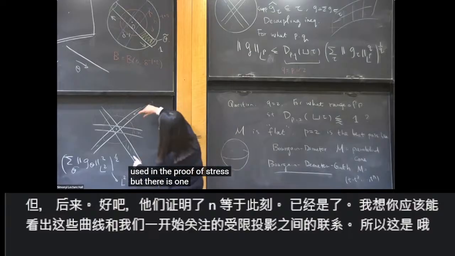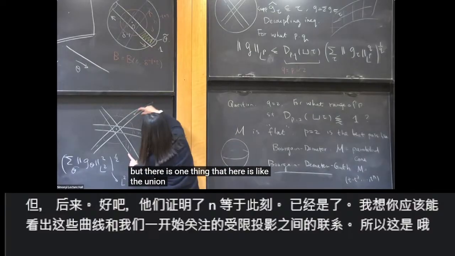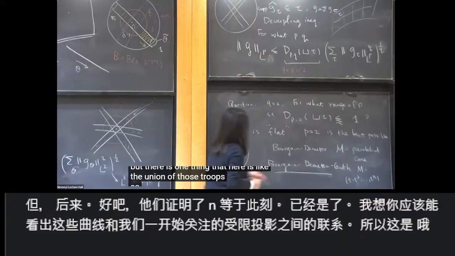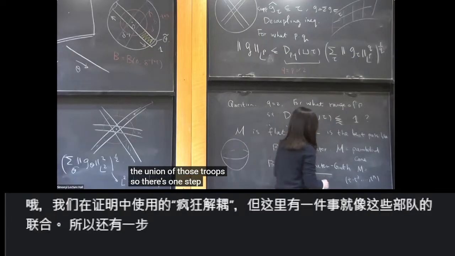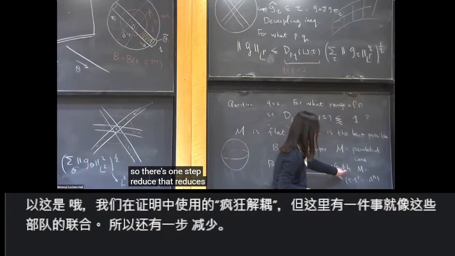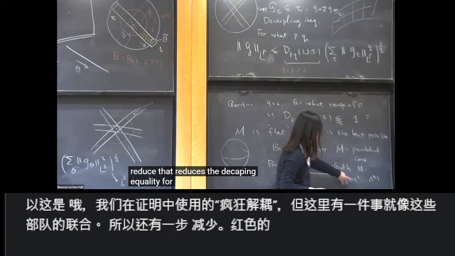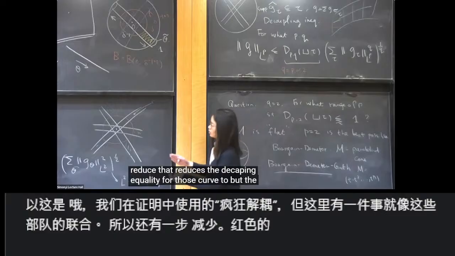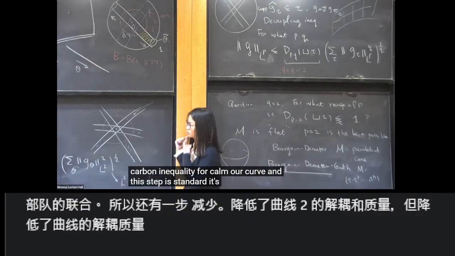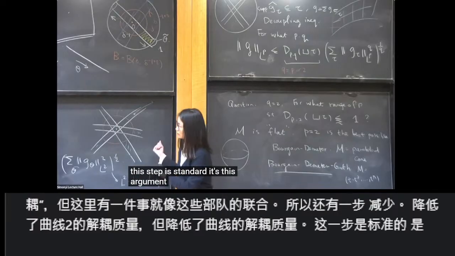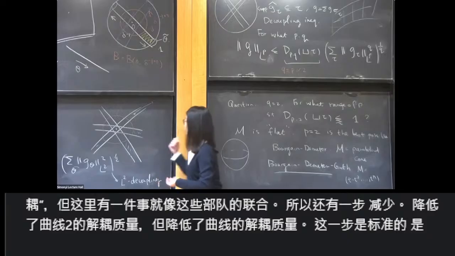But there's one thing, that here is like a union of those tubes, and so there's one step that reduces the decoupling inequality for those curves to a decoupling inequality for the cone over the curve, and this step is standard. It's called a Pramanik-Seeger argument.